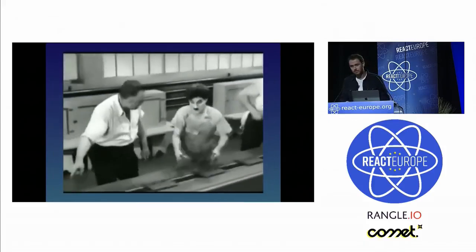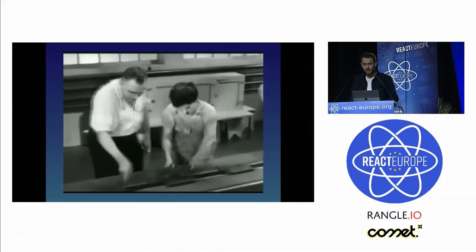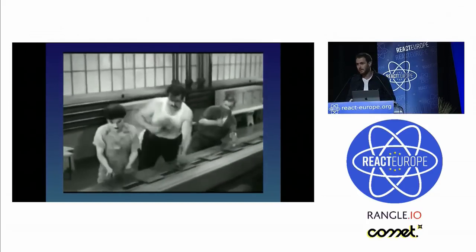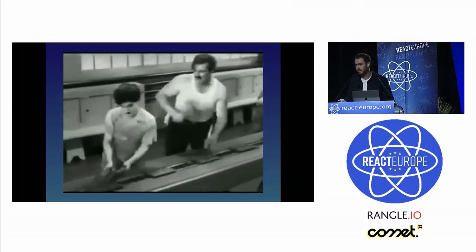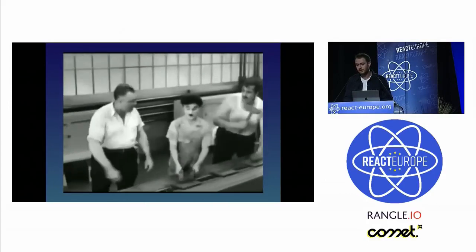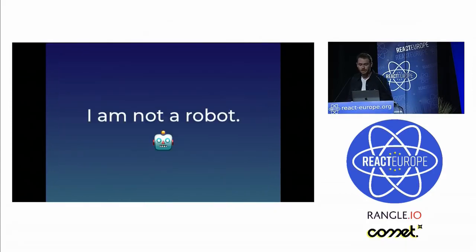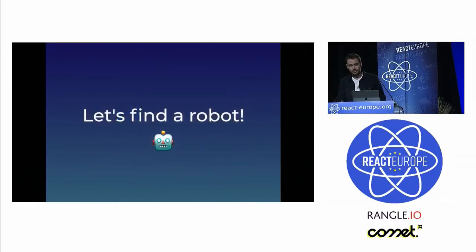And when you do it, you look like a robot, like you do a repetitive task. And I did it for 30 icons, and I decided to take a step back. I'm not a robot, I'm a developer, and as a developer, robots are my friend. So let's find a robot.